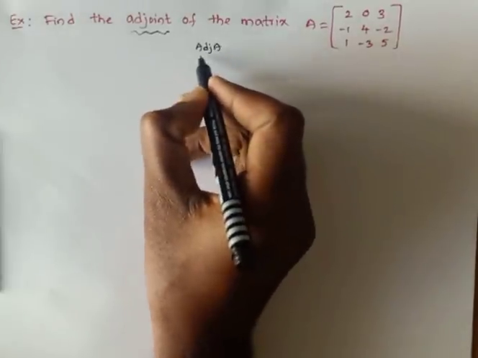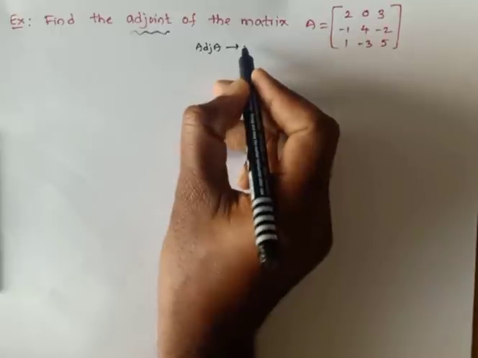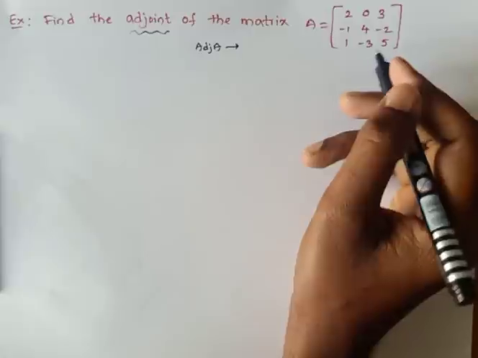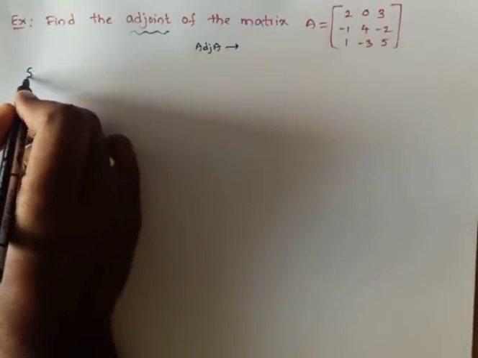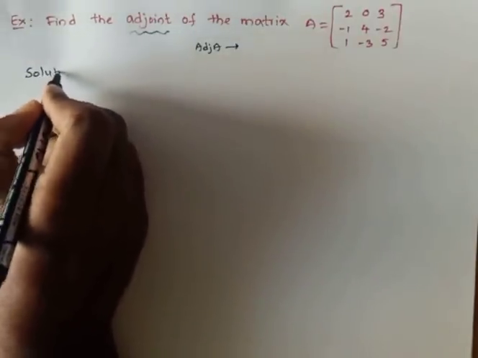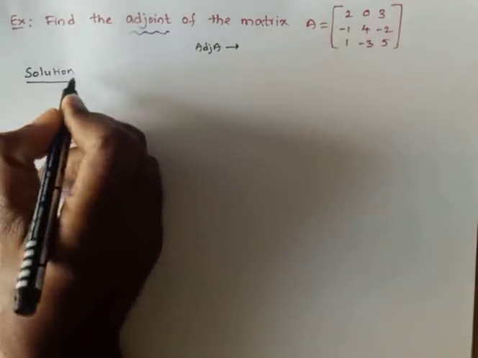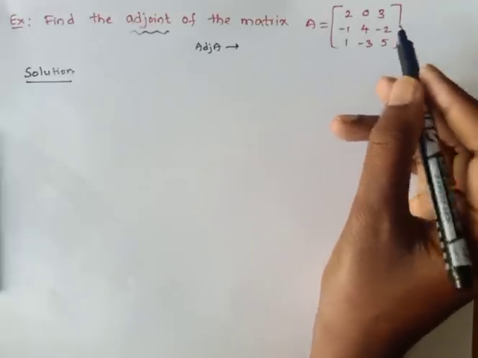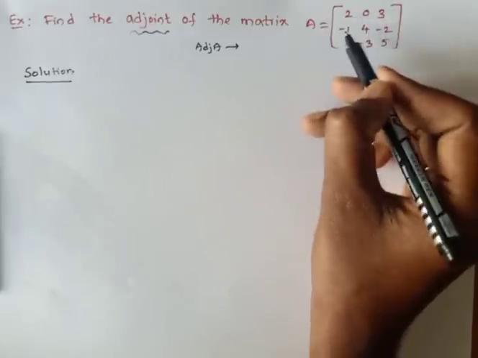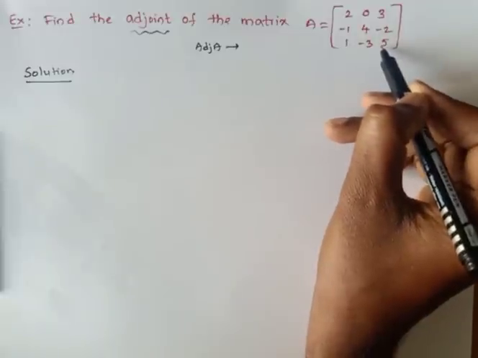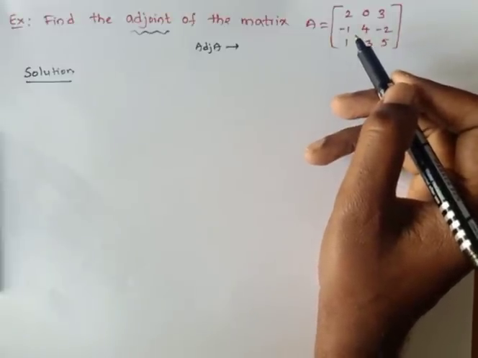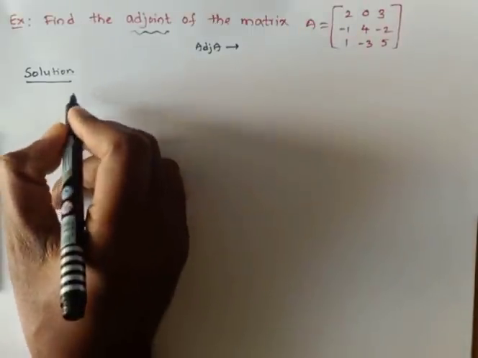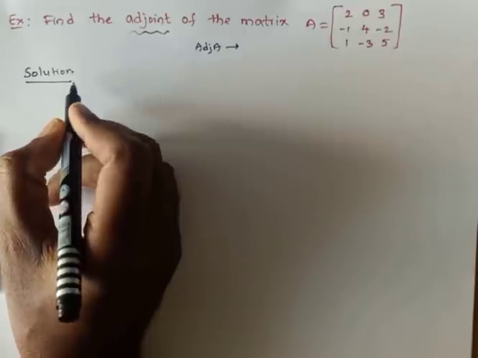What is the definition of adjoint A? It is the transpose of the cofactor matrix of the given matrix. So to find the adjoint, we need the cofactors of each and every element present in the given square matrix. Let us find them one by one. You know the definition of cofactors.